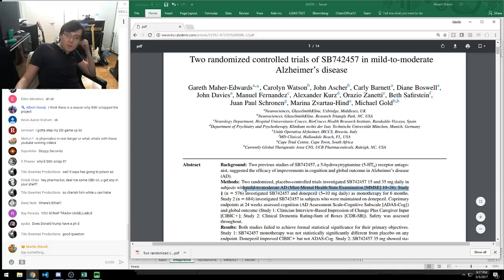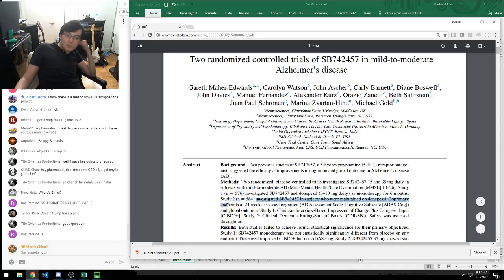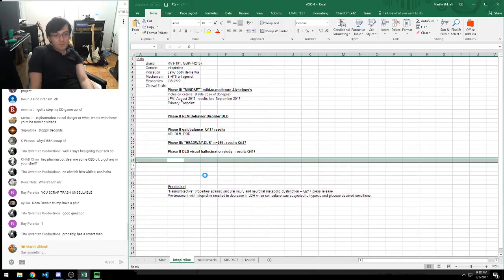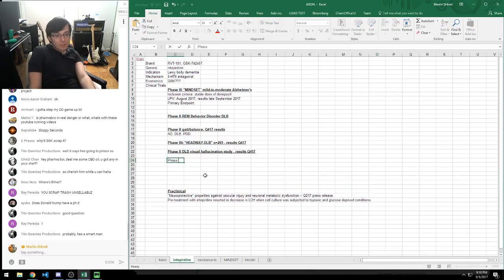So we had study 1 and study 2, and they were both about 600 patients, which is interesting because Mindset is 1,300 patients. So let's make room for this. Phase 3, study 1 in Alzheimer's, N equals 576.